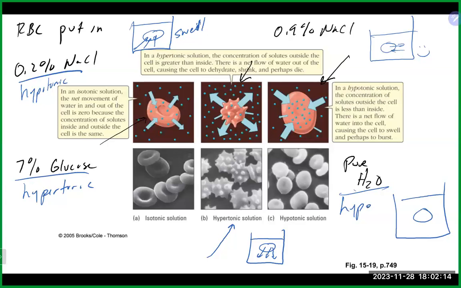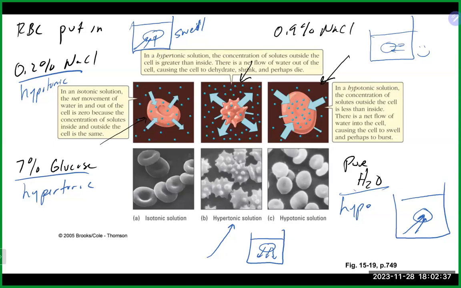So this would be a situation where water is not so great. You wouldn't want to put your red blood cells in there. And that means that outside the cell is going to be less concentrated than inside the cell. So we're going to get everybody rushing into our cell and starting to swell it, and it will eventually burst and go through hemolysis. Any questions on isotonic, hypertonic, or hypotonic?